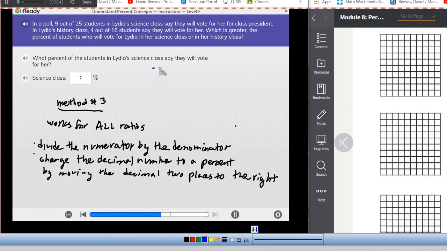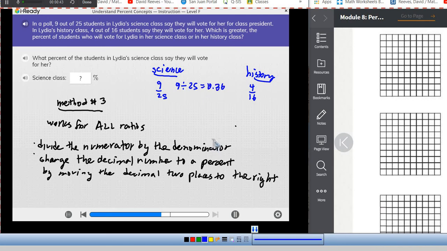So let's go back to her science class. In her science class, the ratio was 9 out of 25, right? And in the history class, the ratio was 4 out of 16, okay? So if we go to the science class, 9 divided by 25 gives us 0.36.